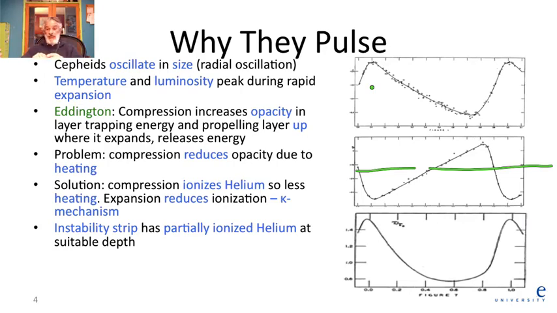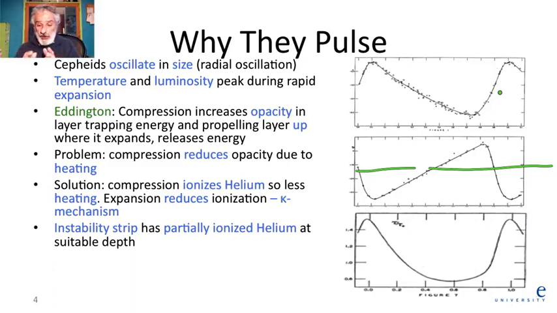And what that means is that some of its energy is spent on ionizing helium, less of it goes to heating the material. This allows the net opacity to increase under compression. Expansion reduces ionization. This is called the kappa mechanism. And it is this mechanism that drives the pulsations of Cepheid variables.